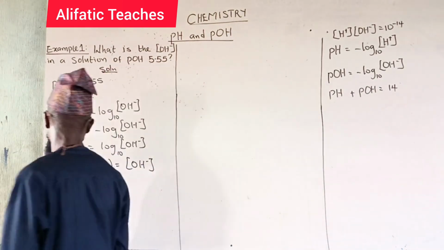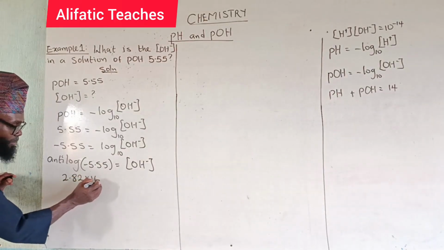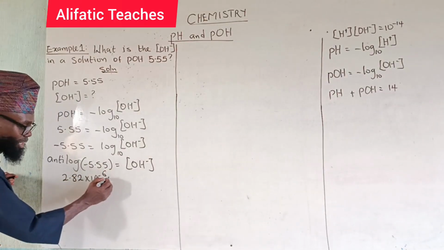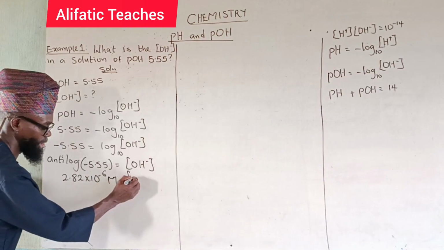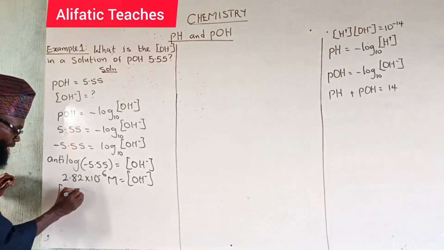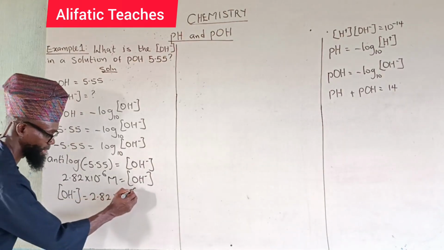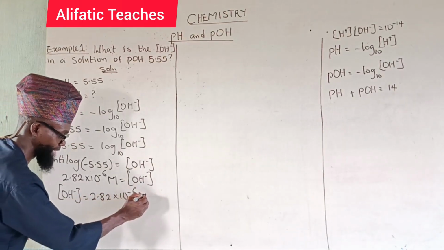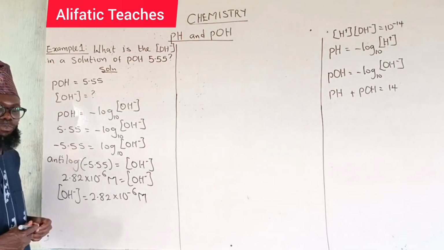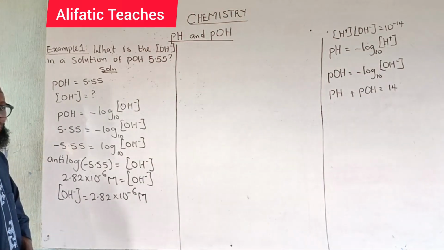We have 2.82 times 10 raised to the power minus 6 molar. So that's the concentration of OH minus. The concentration of hydroxyl ion equals 2.82 times 10 raised to the power minus 6 molar, that is mole per dm cube. That is how to calculate the concentration of hydroxyl ion.